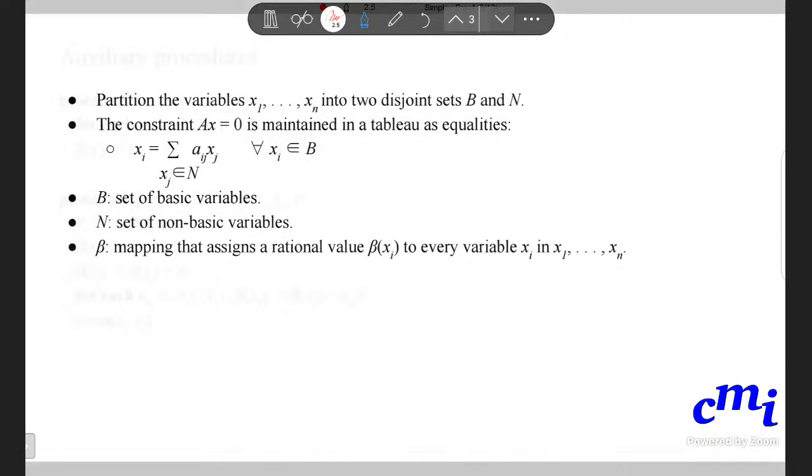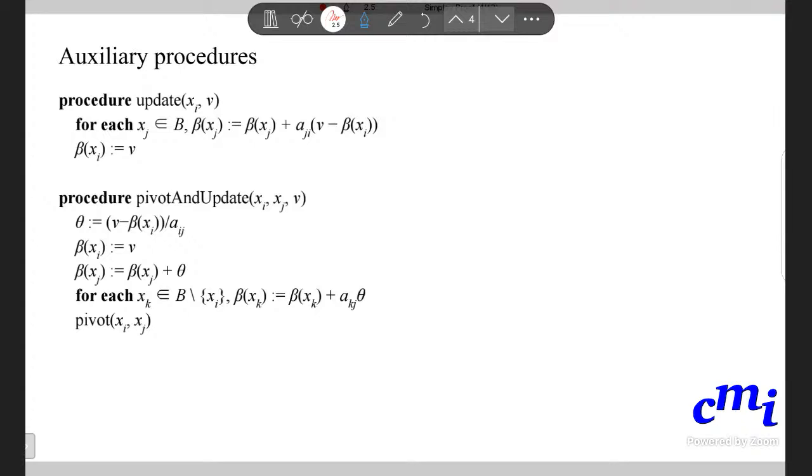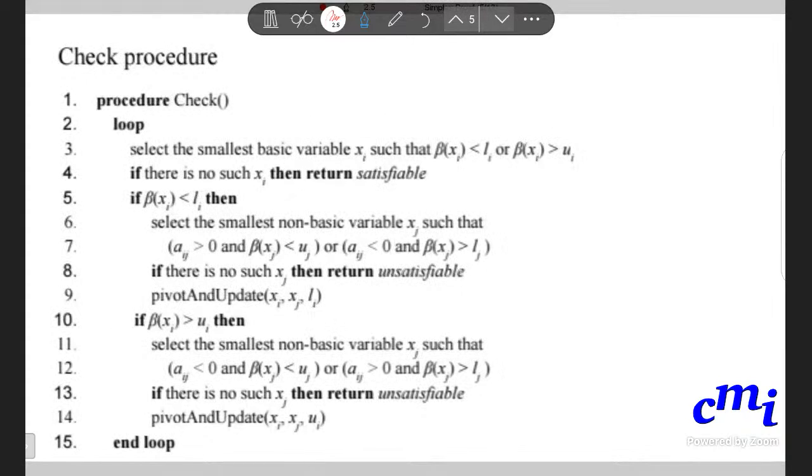Now, these are the auxiliary procedures: pivot and update. And the main algorithm is this. The main algorithm selects the smallest basic variable that violates its bounds. Depending on how it violates, it looks for a non-basic xj whose assignment can be changed so as to satisfy the bounds for xi.